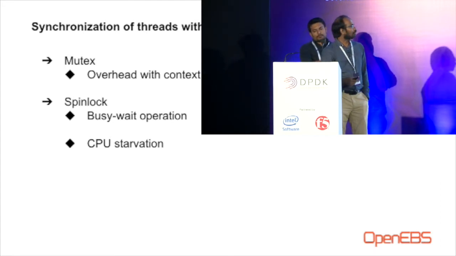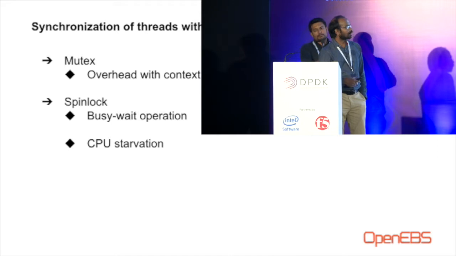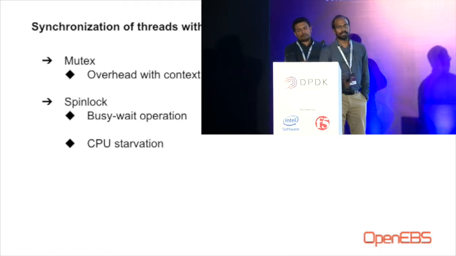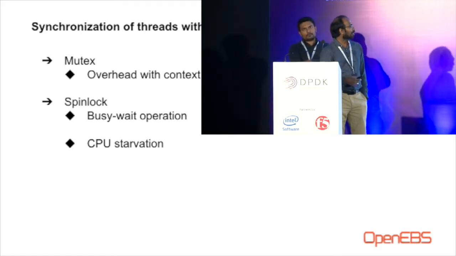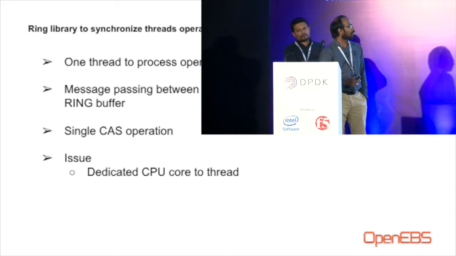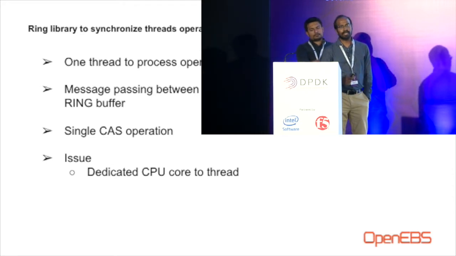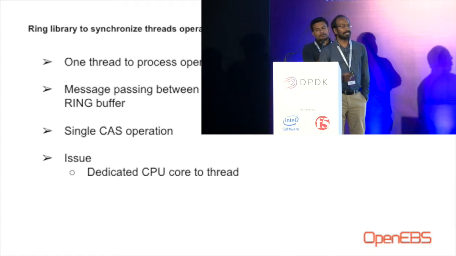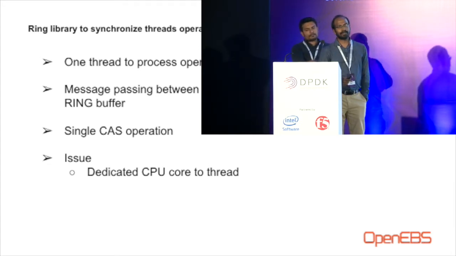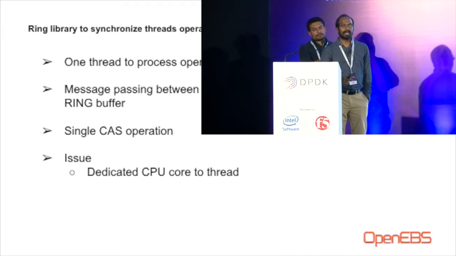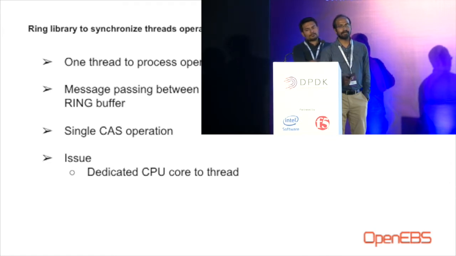We wrote a vhost-user client library that can be linked with the legacy applications. As part of initialization, they do protocol handshaking, and the vhost-user client creates shared memory on huge pages and shares these file descriptors over the Unix domain socket with the vhost server.